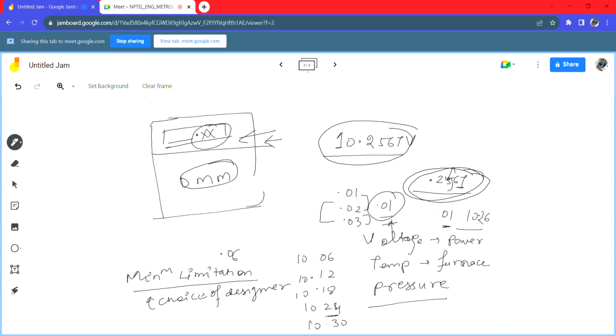How does the choice of the designer work here? Exactly in the example that we understood, our value to be read was 10.2567, and the meter that we chose could read only in the resolution of 0.06, so it would not give us values such as 10.2567.